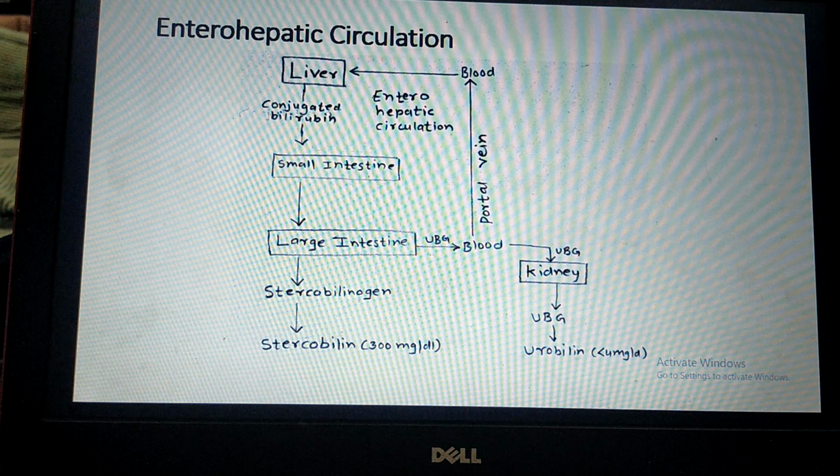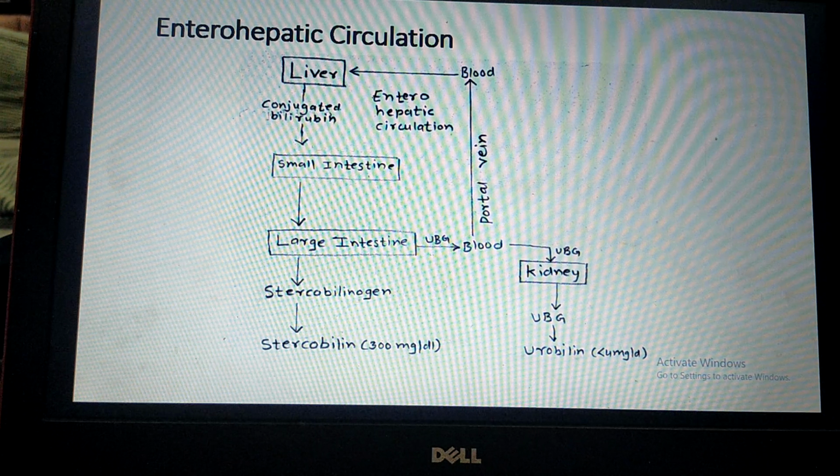This type of circulation is called entero, meaning intestine, hepatic circulation. So from intestine urobilinogen is reabsorbed by portal vein, goes to the liver, again that urobilinogen is excreted through the bile, and again comes to the large intestine.